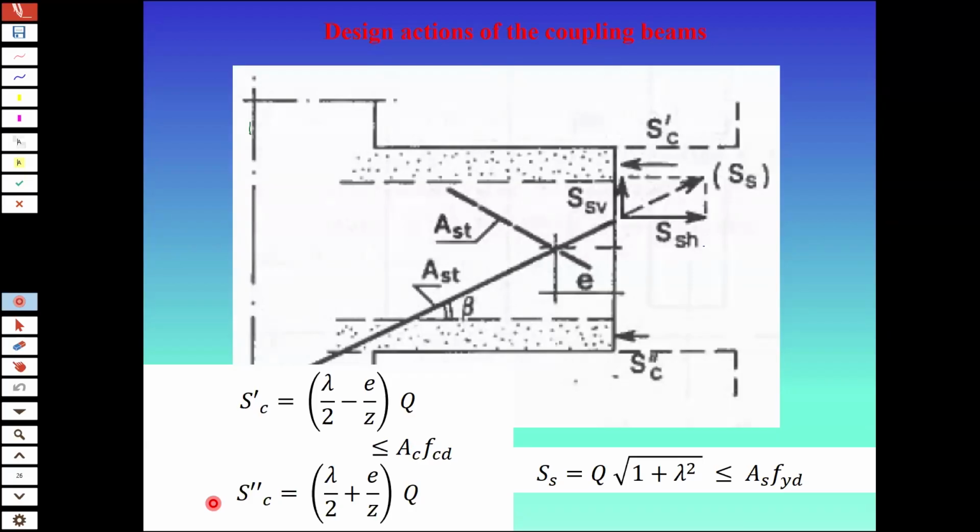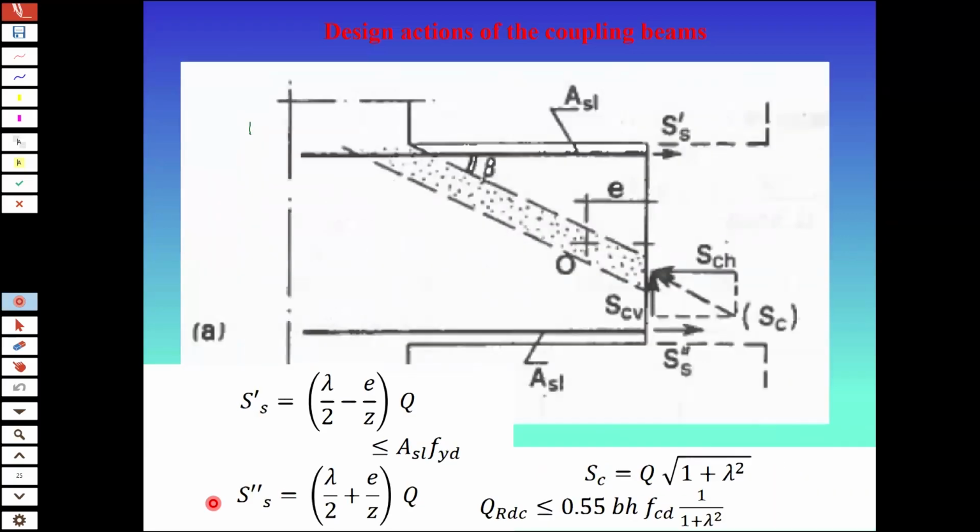which is this one, you have a force which is equal to Q, the vertical force, and you have to calculate the diagonal force.